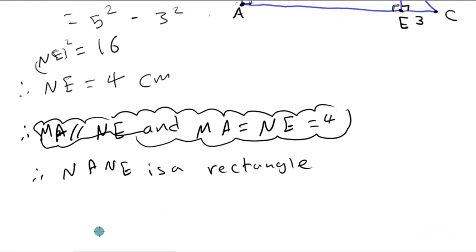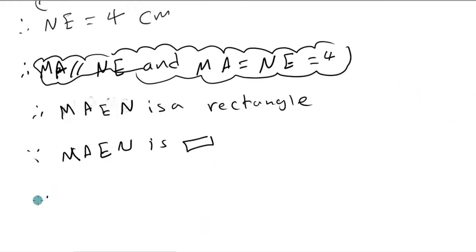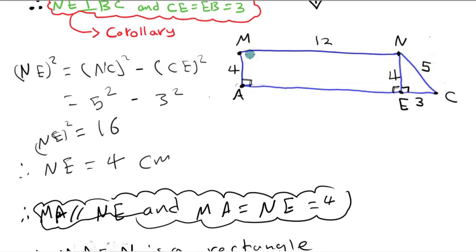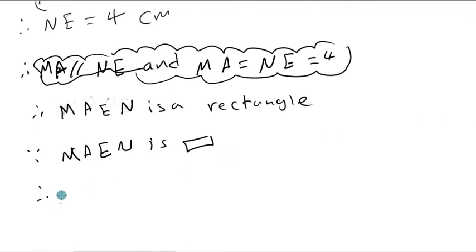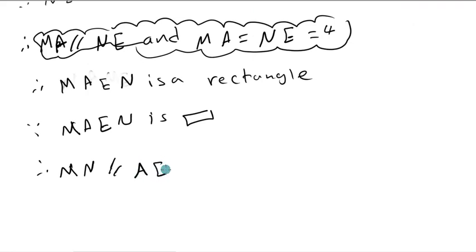Since MAEN is a rectangle, the line MN is parallel to the line EA, which is one of the rectangle's properties.